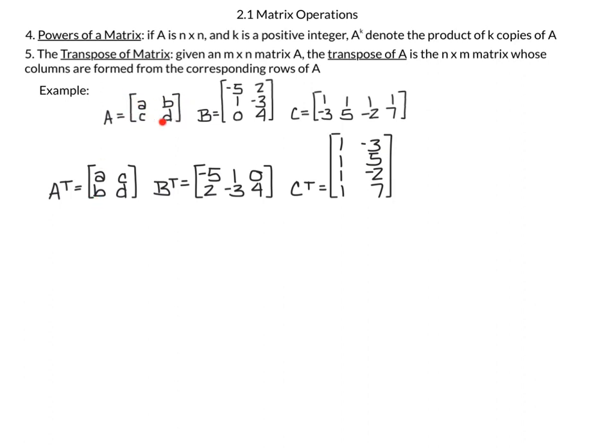The second row is c, d, so that will be my new second column. For B transpose, my first row is -5, 2, so that'll be my first column. My second row is 1, -3, that'll be my second column. And my third row is 0, 4, which is my third column. Similarly for C transpose, my first row is 1, 1, 1, so that's my first column. My second row is -3, 5, -2, 7, that's my second column.